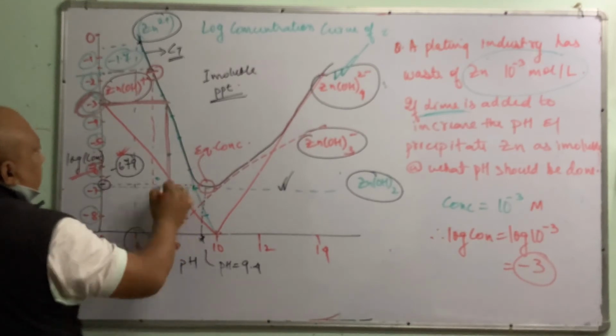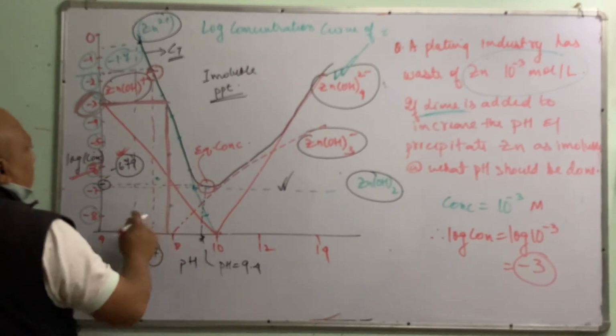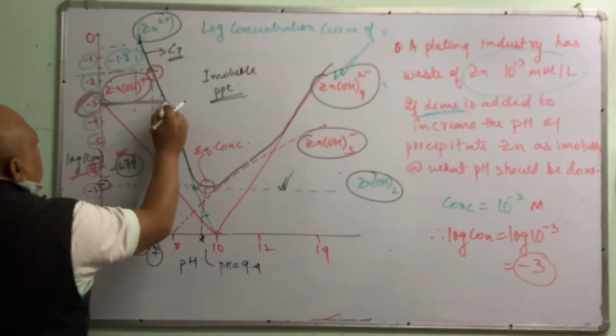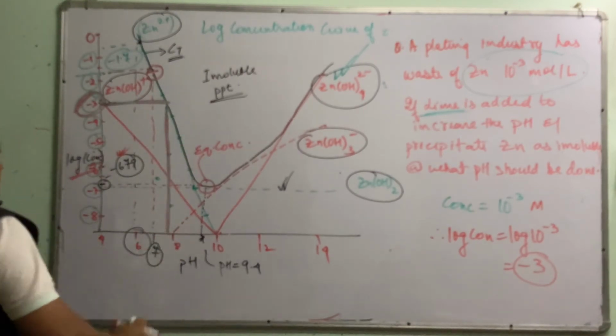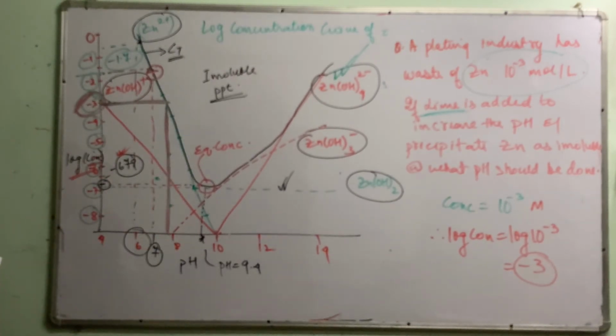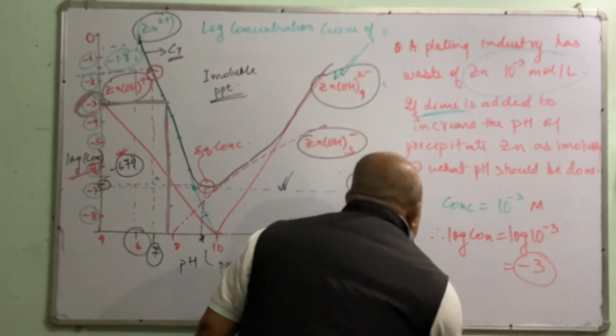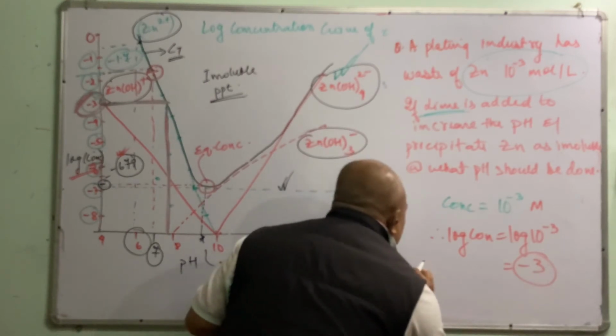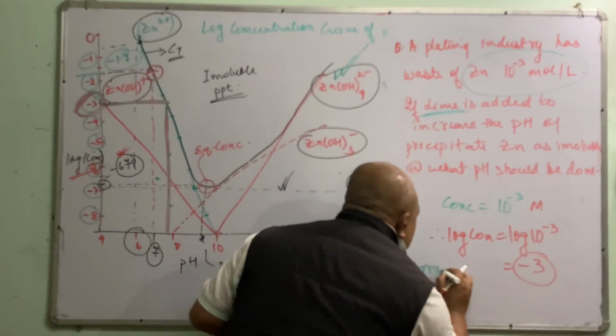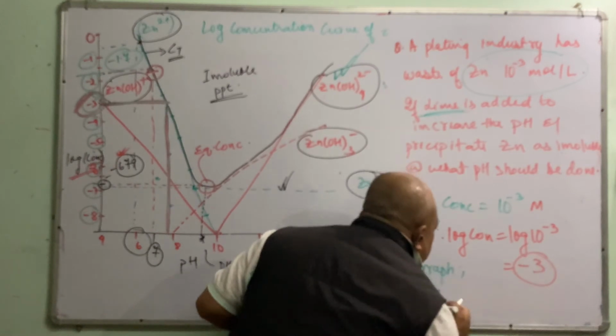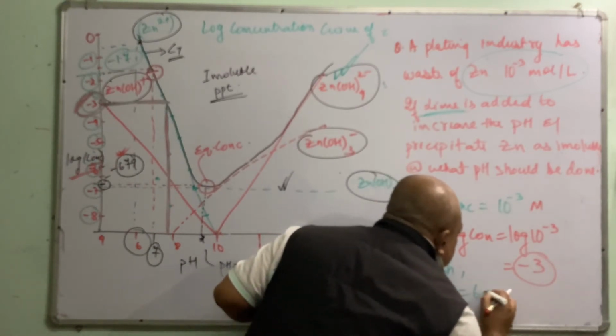Okay. So minus 3 and then you're bringing down here. So what is the pH? Let me see. This is not accurate. What they are trying to obtain is the pH from the graph. They obtain that pH is equal to 6.9.